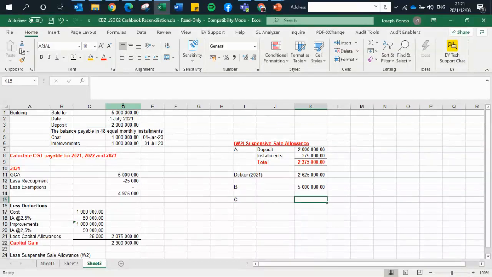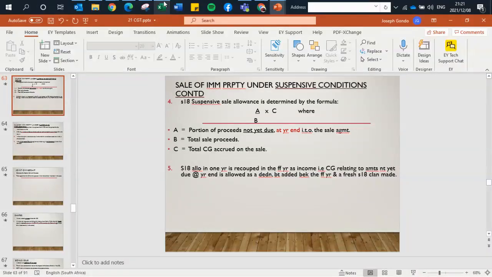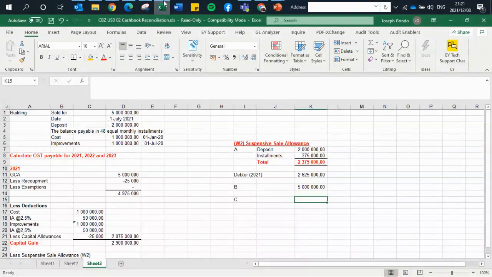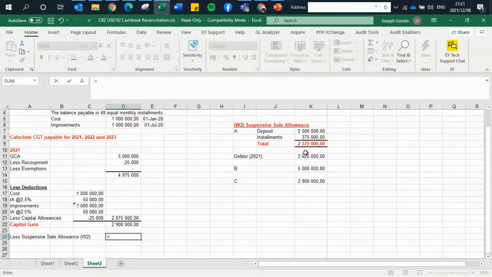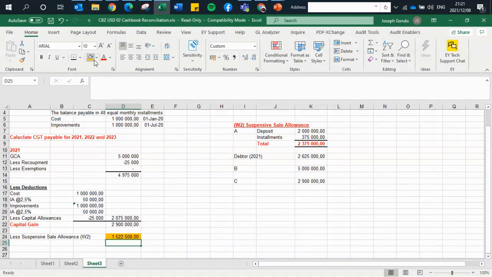What about our C? Our C, we said is total capital gain accrued on the sale. Okay, so our C is this. That is the capital gain that is accruing on the sale. So then our formula says A over B, A over B multiplied by C. So this will be the suspensive sale allowance.